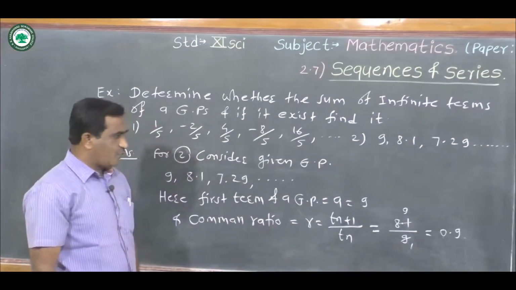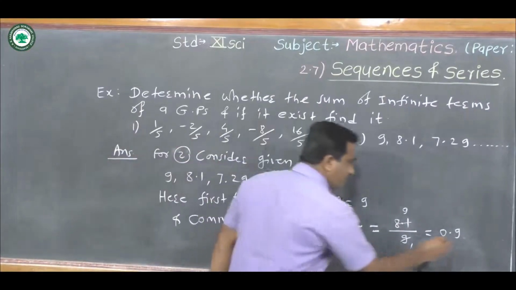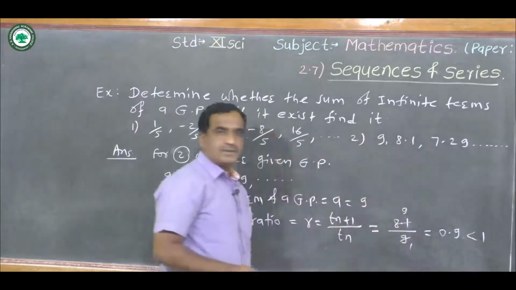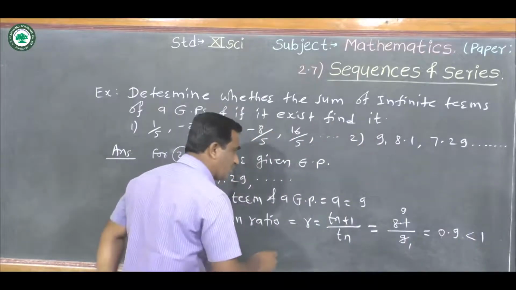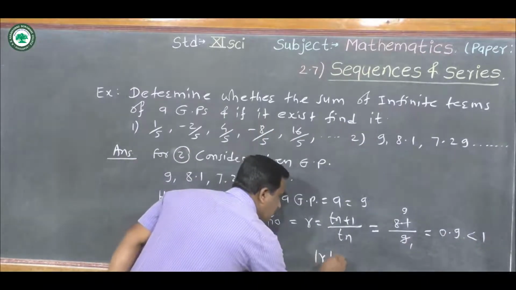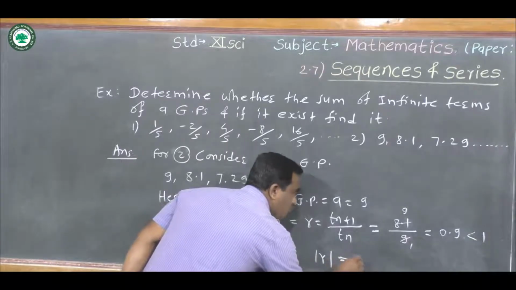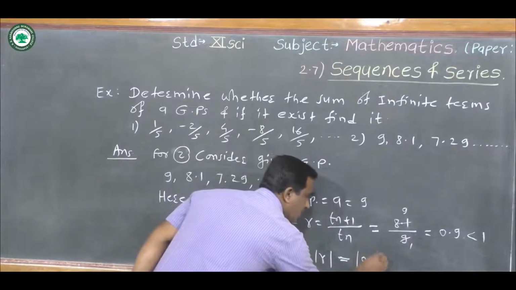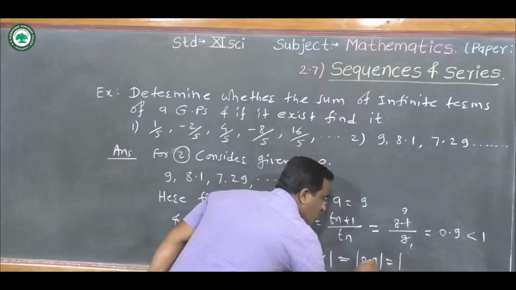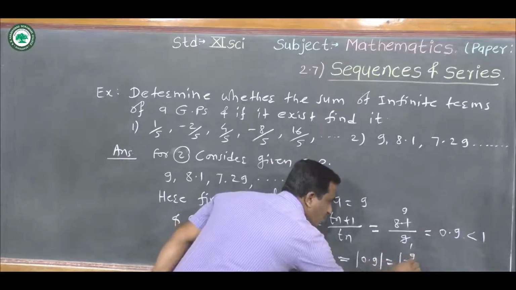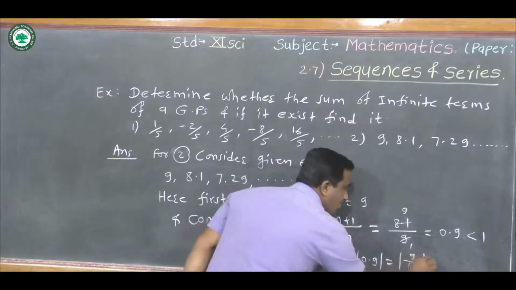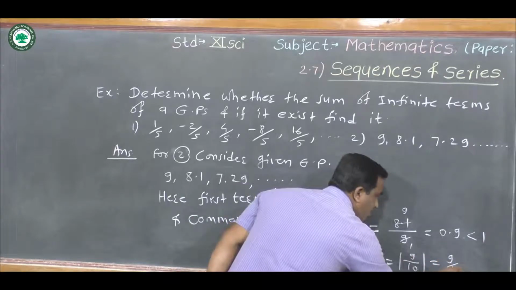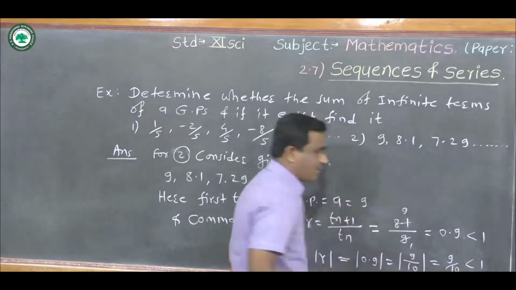R is equal to 0.9, which is less than 1. That is, modulus of R is equal to modulus of 0.9, which means 9 upon 10, which is less than 1.